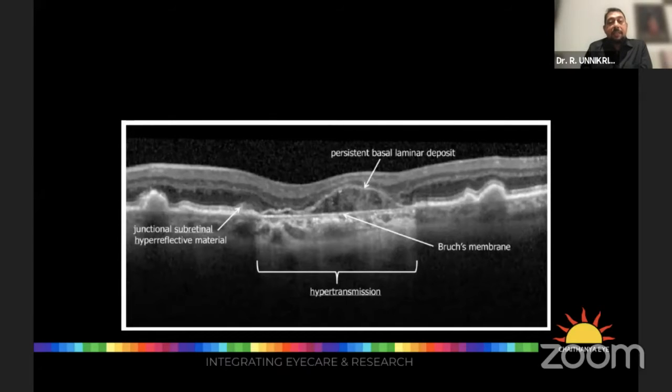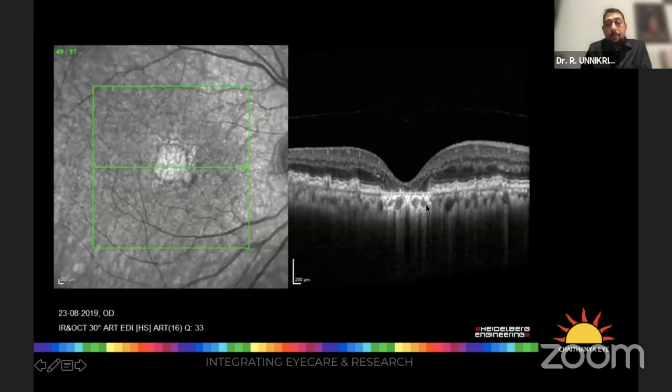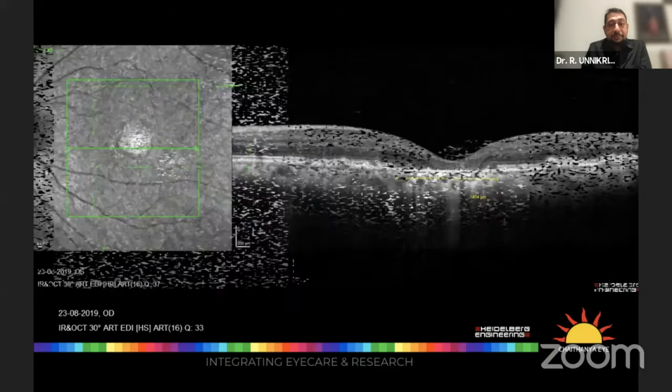This is a typical example where you have a pigment epithelial detachment with content. Probably there's a possibility of fibrovascularity there, but the area of transmission encompasses that, because the RPE overlying this particular PED is also atrophic, and it still falls under the terminology of CRORA. These are some of the examples we have. You can see the hypertransmission, a total loss of tissue overlying that area, with dipping of the layers.